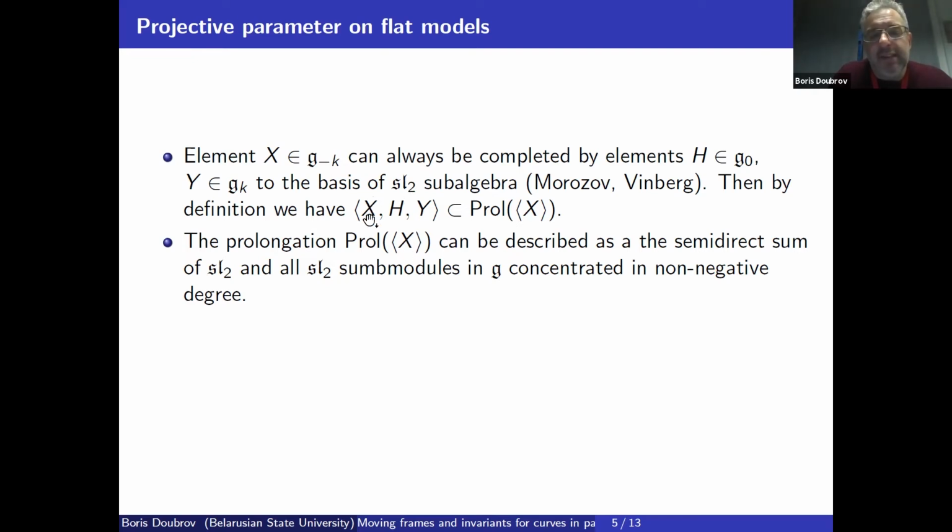By definition, since X is the only element of negative degree in the prolongation, we can easily prove that this prolongation is actually this SL2 plus all SL2 submodules which are concentrated in non-negative degree. So this gives us a very simple way to compute the prolongation starting from this SL2 triple: just decompose G into the sum of irreducible submodules, and since everything is graded, these irreducible submodules will also be graded, and then check which of them do not contain any elements of negative degree.